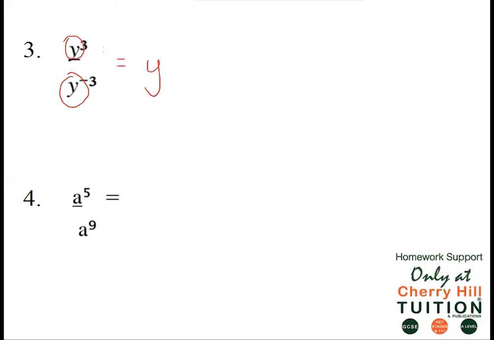Now, because we're dividing two base letters, both with different powers, we can take these powers away. So we have y to the power of 3 minus minus 3, which is y to the power of, so 3 minus minus 3, the double negative turns into a plus, which gives us y to the power of 6.